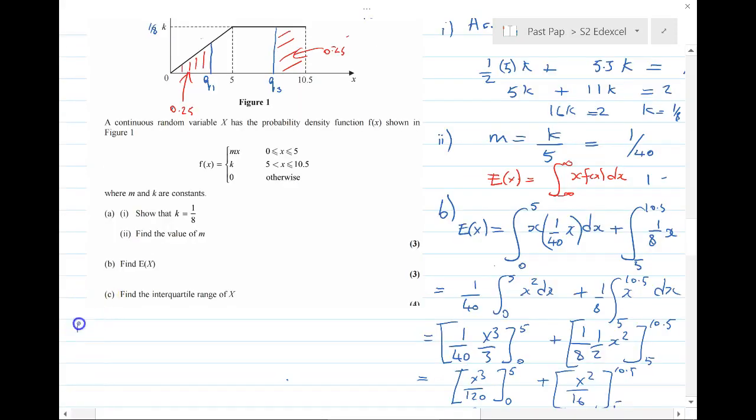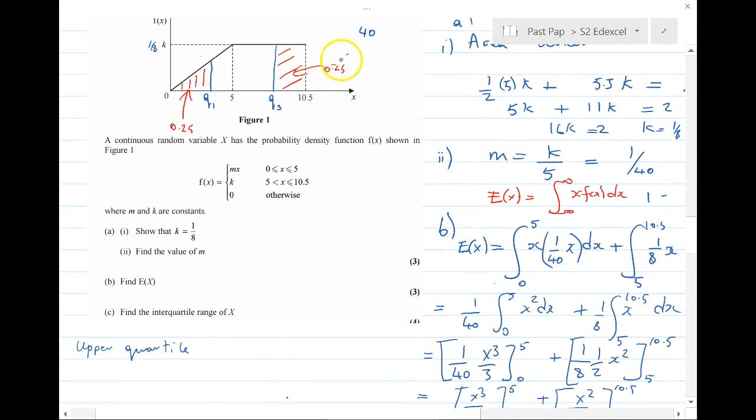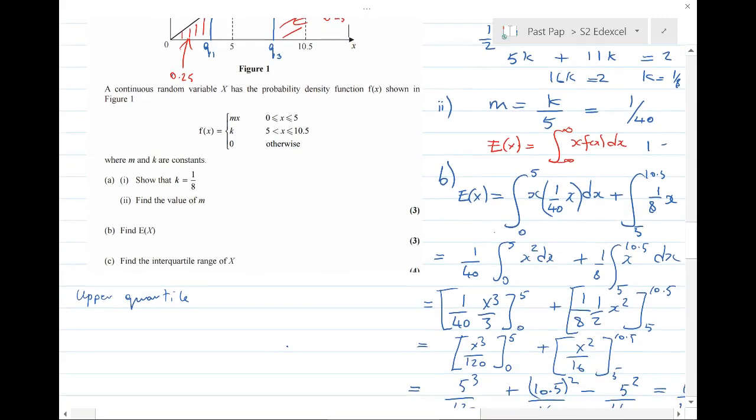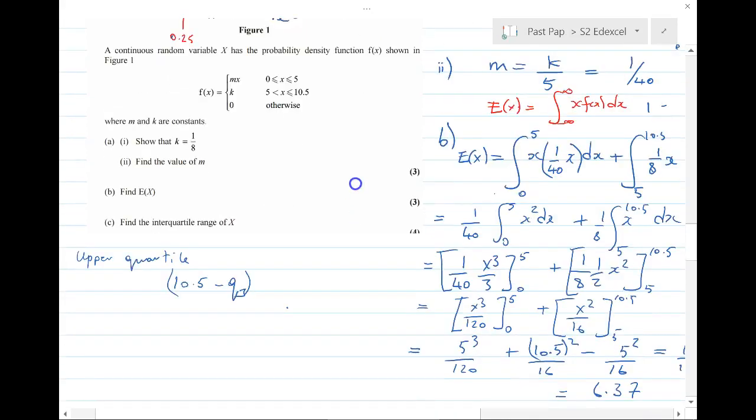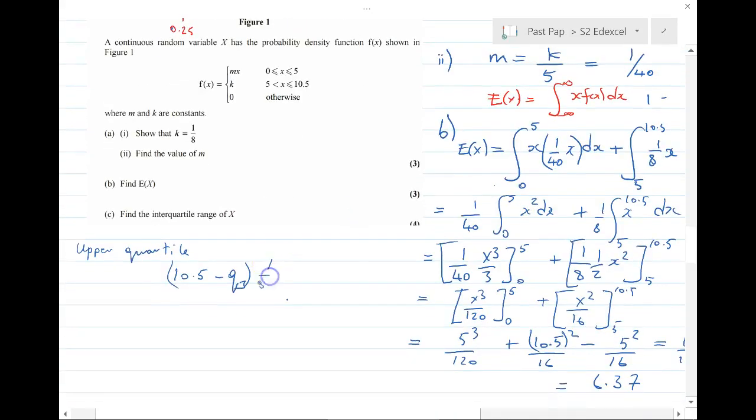Okay, so let's work out the upper quartile first. I'm going to use the fact that this area here is 0.25. So we can see that 10.5 minus Q3, which is our length here, times 1/8 is equal to 0.25.